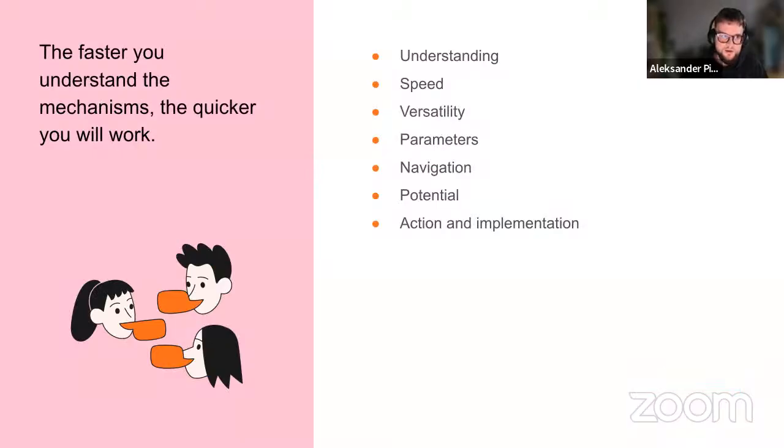And the faster you understand the mechanisms behind conversational agents like ChatGPT and conversations with them, the quicker you will work, and the quicker you will boost your productivity and your knowledge about AI and all things related to large language models.